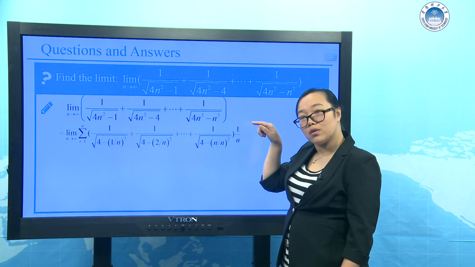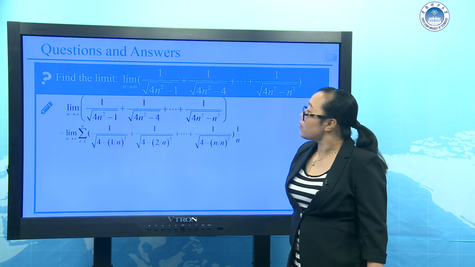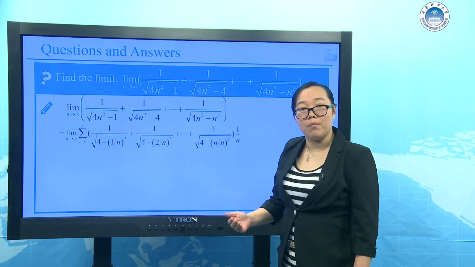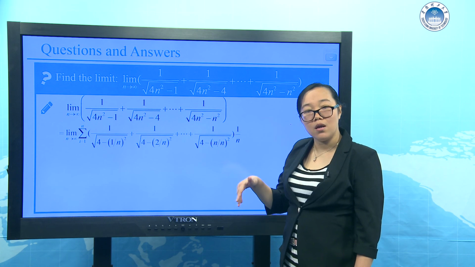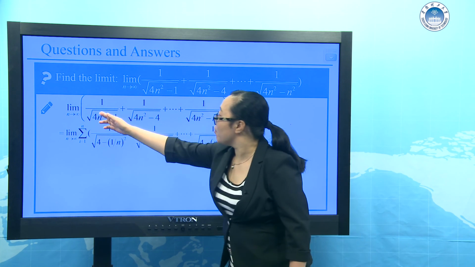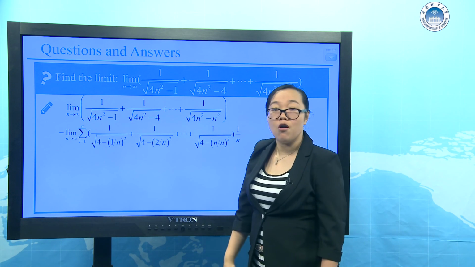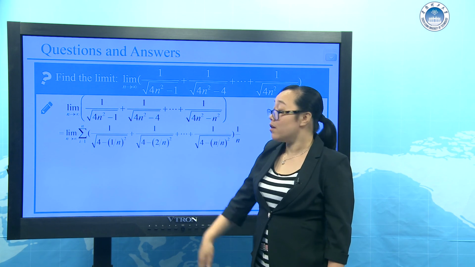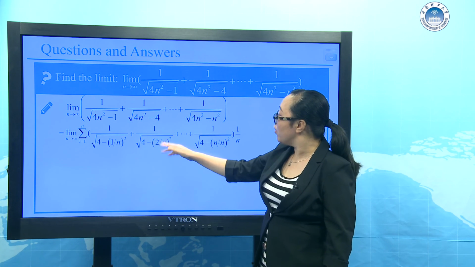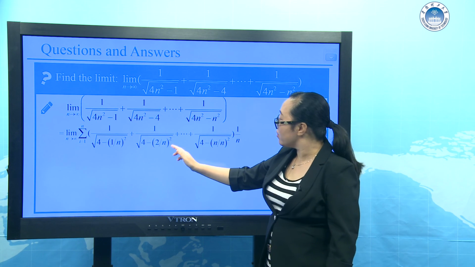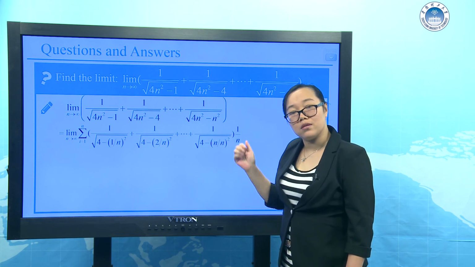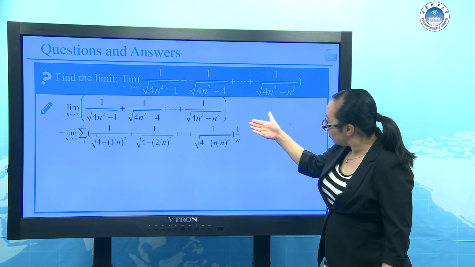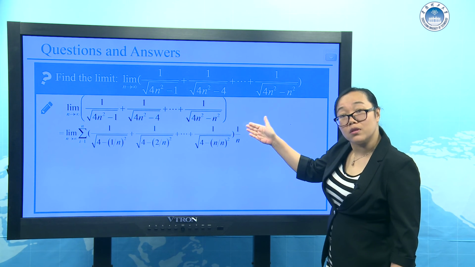For the first term, 4n squared minus 1, taking out n squared, the first becomes 4 minus (1 over n) squared. Similarly, the second term becomes 4 minus (2 over n) squared, until the last term. You can find it. Yes, this is our interval distance.